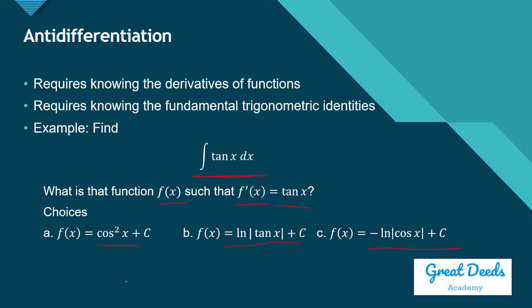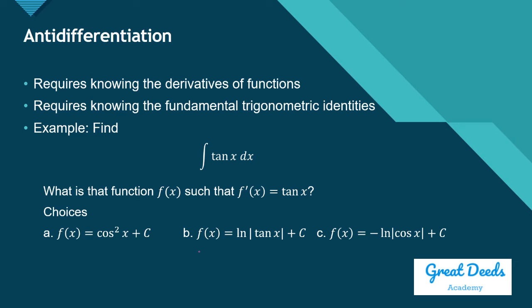Well, in order for us to know which function is the antiderivative of tangent of x, we must get the derivative of the square of cosine of x. And this is equal to, obviously it's not equal to tangent of x. So letter A is not equal to the integral of tangent of x dx.